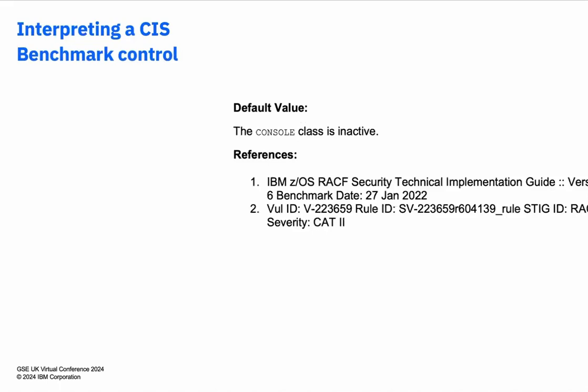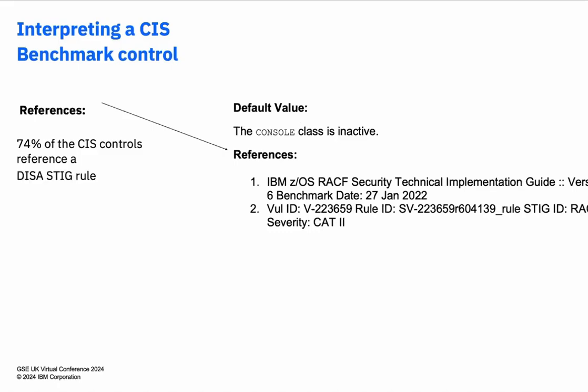And references, as I said, CIS has quite a lot of similarity with DISA STIG. In the reference section, they normally point out the DISA STIG control, which is used as a base for the CIS benchmark control. About 70% of the CIS controls reference the DISA STIG rule. So we can see that they are quite closely related, plus CIS offering more on top as I earlier mentioned.